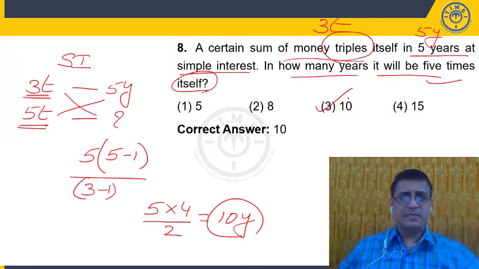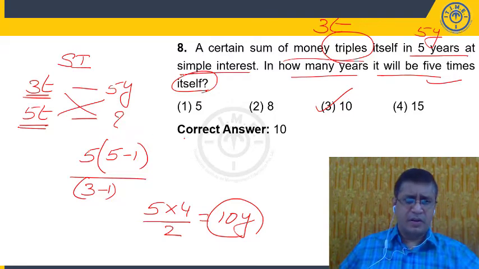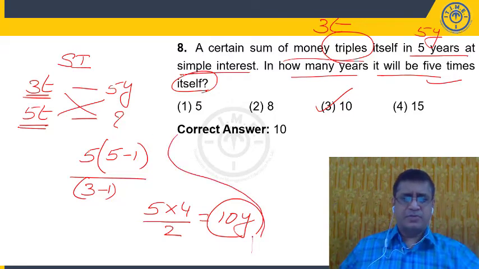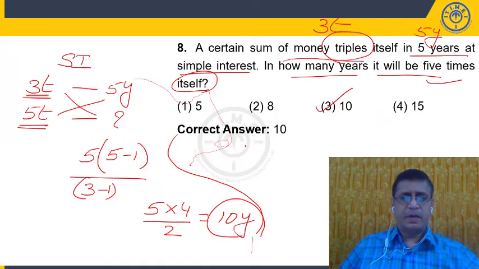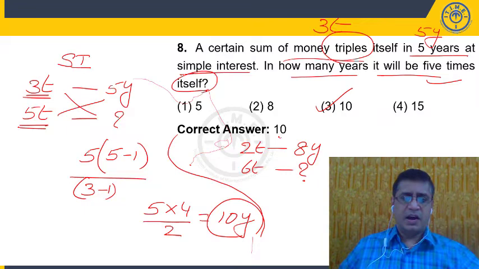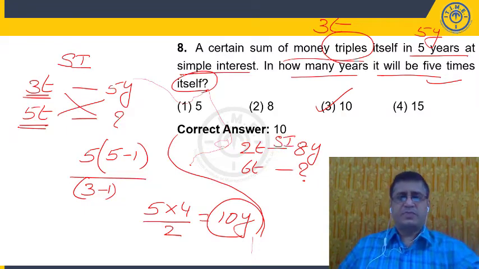Simple thing. For your clarity and practice purpose, I am giving this here. Look at this one. I will give one more example here. 2 times of itself in 8 years and 6 times of itself in how many years? Under simple rate of interest.